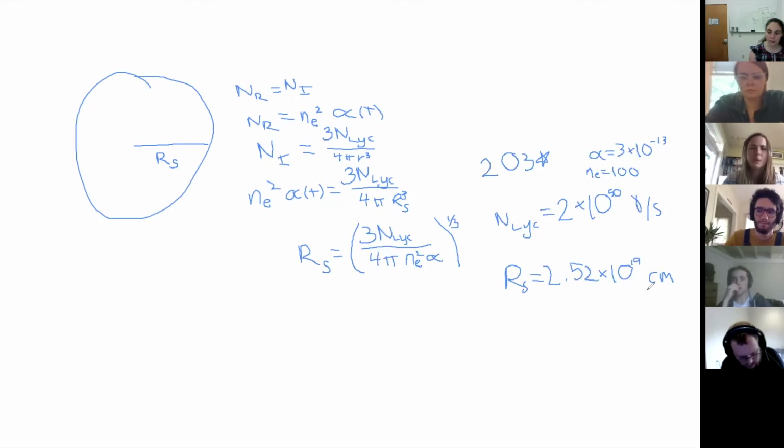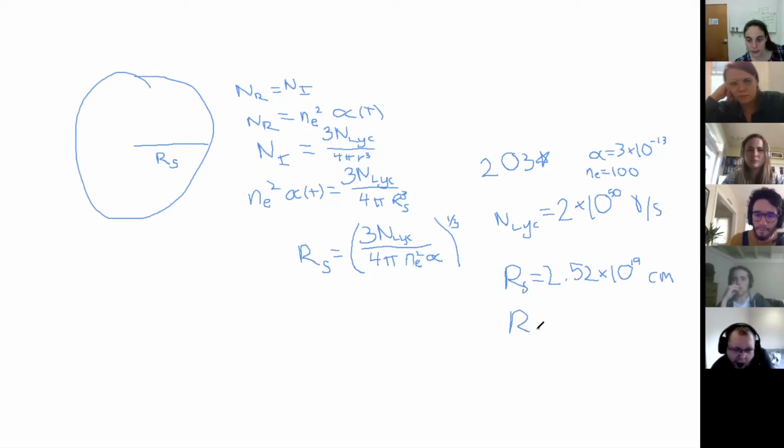So you guys can check me. I encourage you if you want to test this out. All the numbers you should need are in here. Or you can convert that to something that makes a little more sense. That is about 8.2 parsecs.